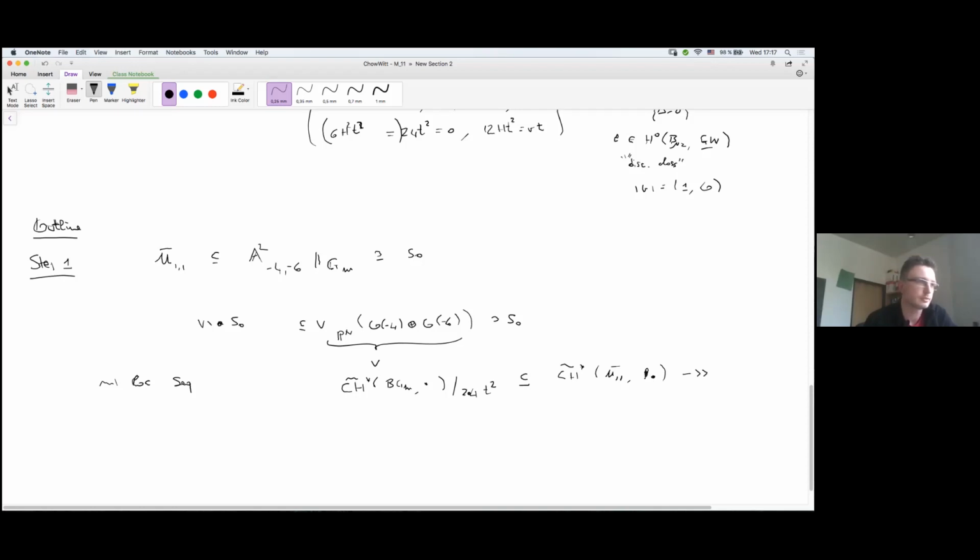Okay, and the localization sequence, as you know, continues on the right with the cohomology of BG_m. But what you find is that actually the localization sequence almost always stops.